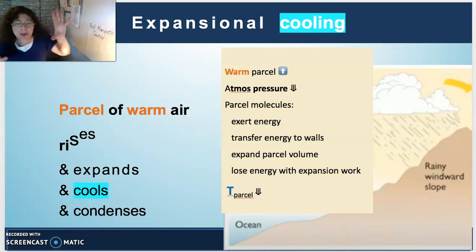As those molecules push along the walls, they start to transfer their energy to the walls. They start to lose the energy within their own molecules as they transfer it to the walls. As the molecules have less energy, they have less heat, and the temperature of the parcel tends to drop. So a parcel of warm air rises, expands, and cools. In cooling, it might condense, and it might be forming rain on what's called the windward slope of the mountain.